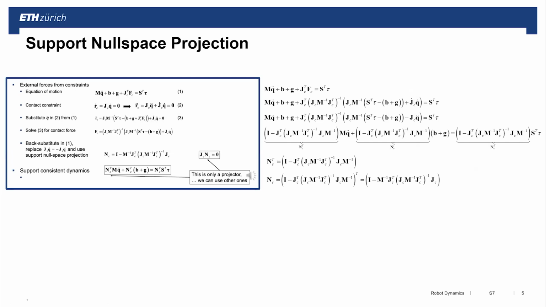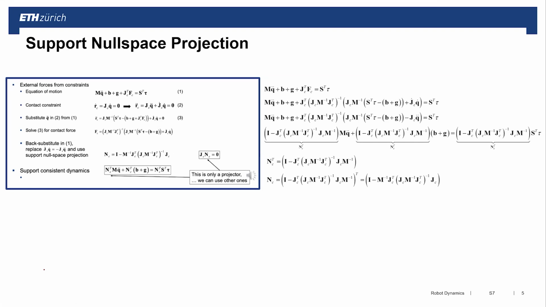The third question that I would like to dive a little more into detail was this support null space projection and the interpretation of that, and also how we get to this exactly. So what we derived last time was this slide here.